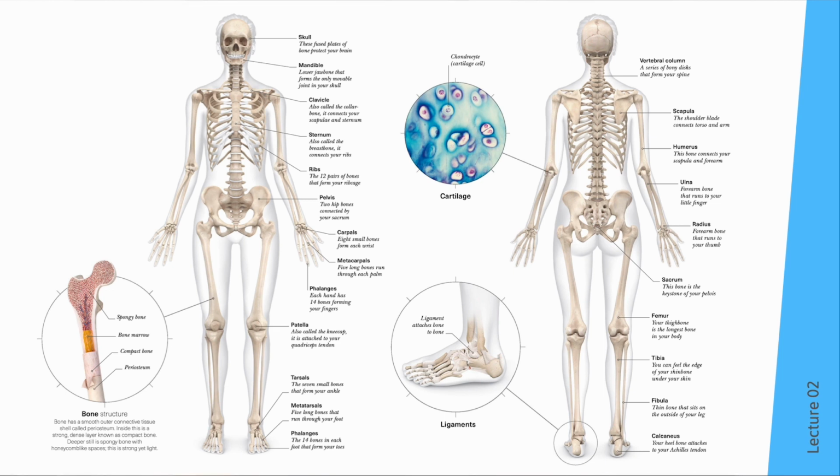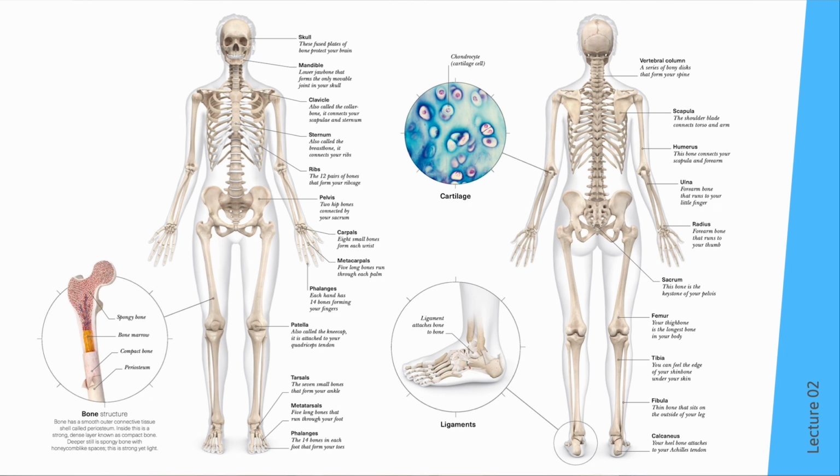So in evolution they were a tail, and they are fused together in a human. Then the femur, as we said, and then we have the tibia and fibula. The tibia is the medial bone of your shin, and the fibula is the lateral bone of your lower leg, so to say.